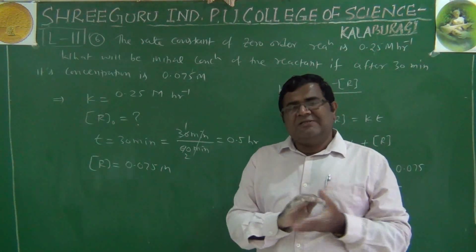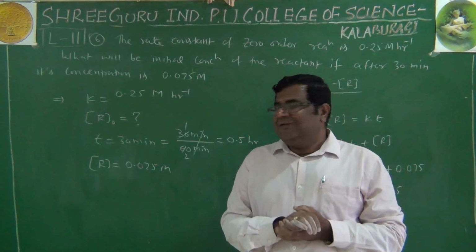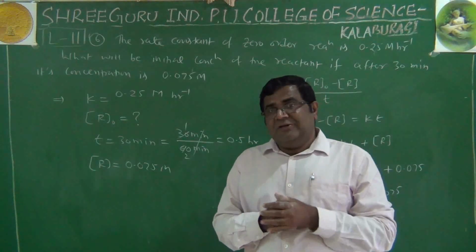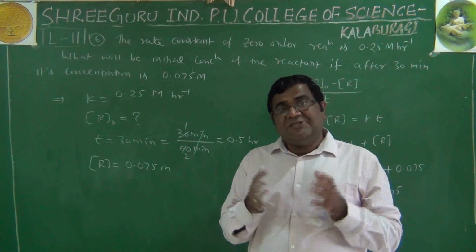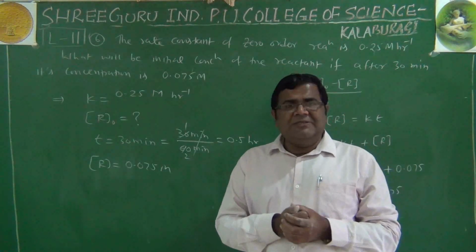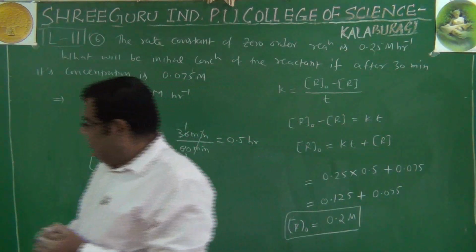I have told you in the last class, be ready with the log table. I think you are ready with the log table, but today we did not get sufficient time to start the questions on first order reaction. But definitely in the next class we will start with the questions of first order where the log table is needed.